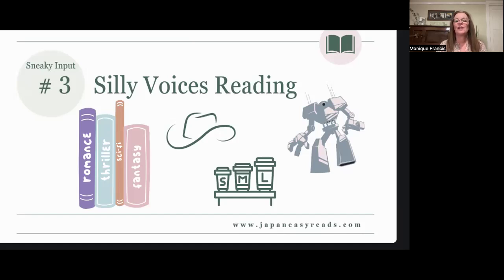So things that you think your students would really connect with. Then you choose the text, and it works best if it's something that the class is familiar with. So a story that you've co-created together, or a story that you're reading together, a little mini novel, or a graded reader.